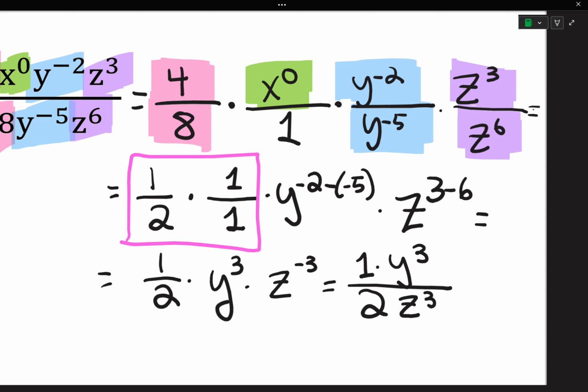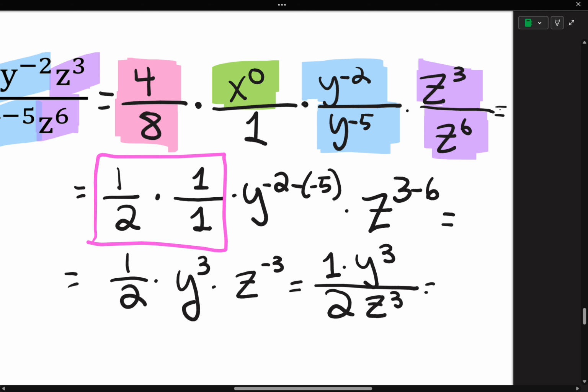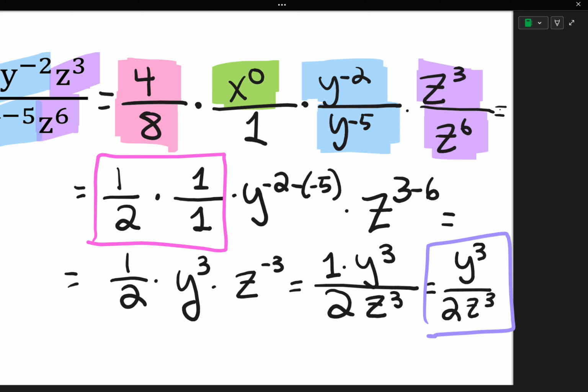Do I really need to write that 1? Not really. I would prefer to just see this. Y to the power of 3 over 2 times z to the power of 3. Although this wouldn't be wrong either. You just don't really need that 1. And just as a reminder, when we put a negative exponent to the bottom, it becomes positive.